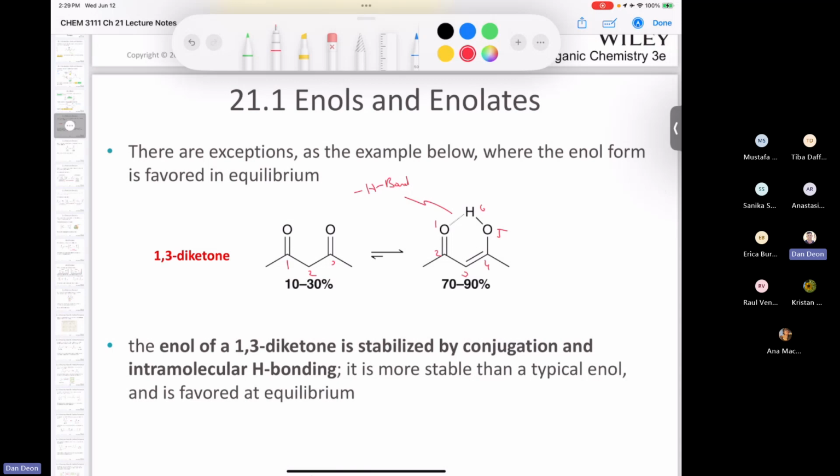It provides a rationale for why, when you have a 1,3 diketone, the enol form predominates. You see it's 70 to 90%, whereas the diketone form is only about 10 to 30%. So it's a little more stable than a typical enol, and the giveaway is the hydrogen bonding, which is the driving force there.